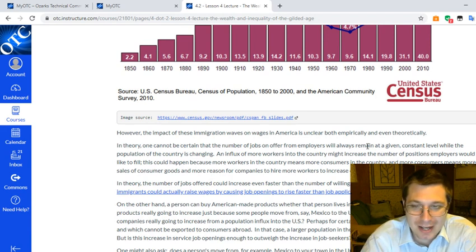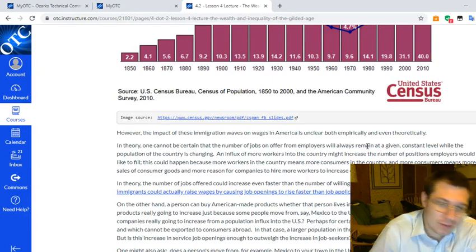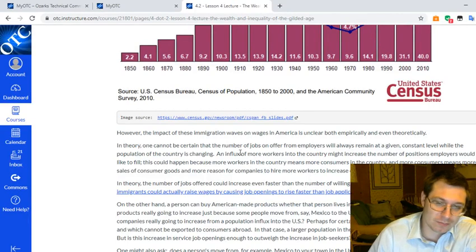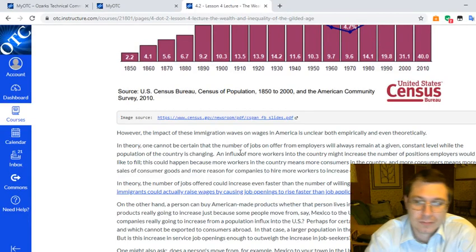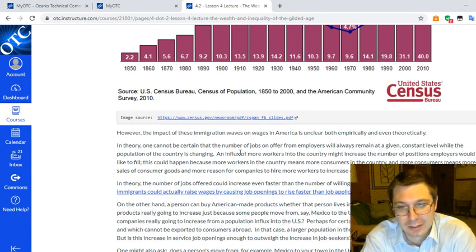This could mean that an influx of immigrants could actually raise wages by causing job openings to rise faster than job applicants. On the other hand, a person can buy American-made products whether that person lives in Mexico or the U.S. So are sales of American products really going to increase just because some people move from, for example, Mexico to the U.S.? They could already buy American products in Mexico.